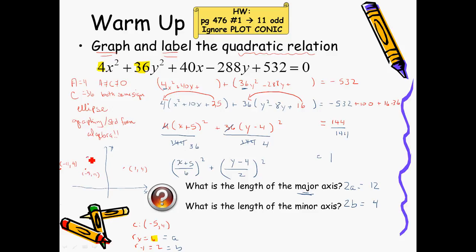And then I'm going to radiate only 2 up and 2 down. So I'm going to get -5, 4 plus 2 is 6, and 4 minus 2 is 2. And I get an ellipse that is longer in the x direction, as I expected. The ellipse is sad, as I also expected. And I have the center, the vertices, and the co-vertices labeled.